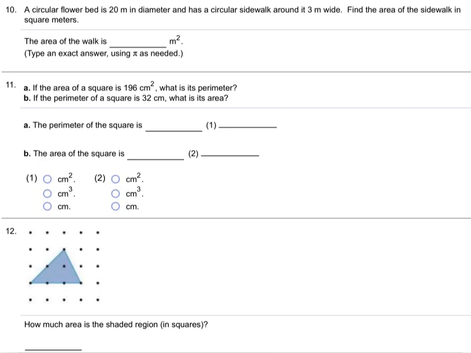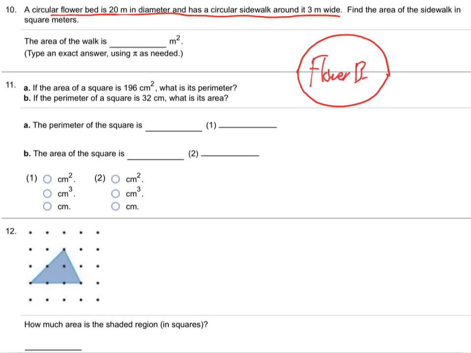Okay, number 10. A circular flower bed is 20 meters in diameter and has a circular sidewalk around it 3 meters wide. Find the area of the sidewalk in square meters. Okay, what are they talking about? What they're saying on this one is that we have this circular flower bed.